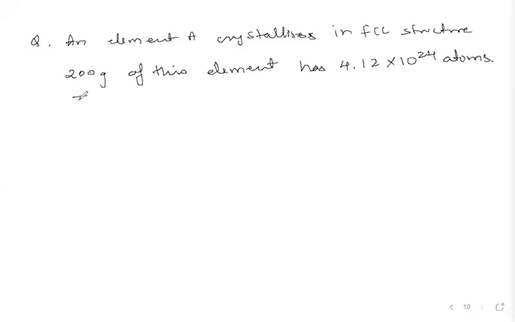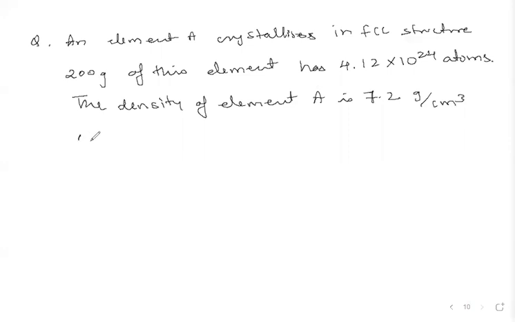The density of element A is 7.2 gram per cm cube. Calculate the edge length.